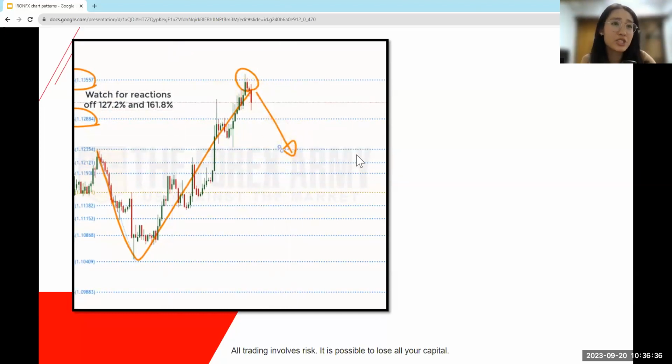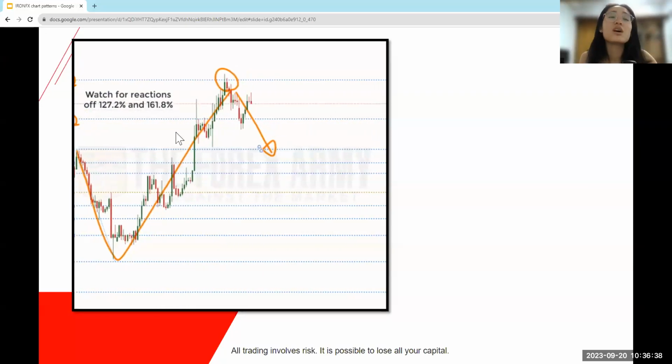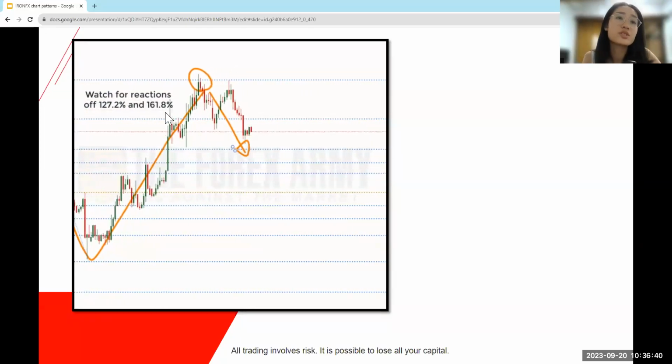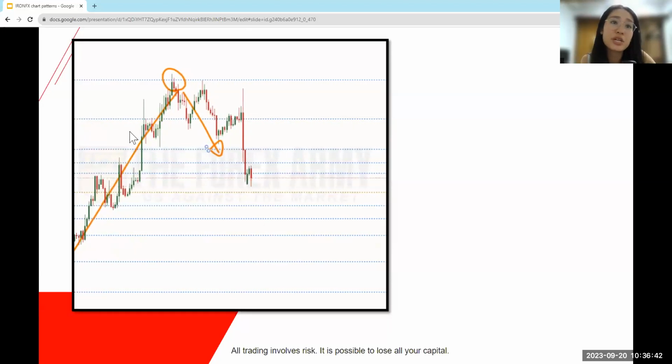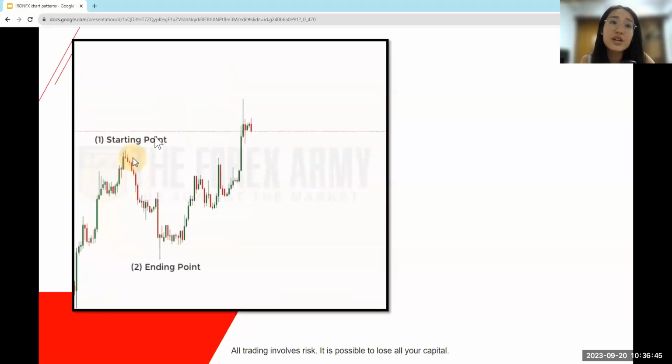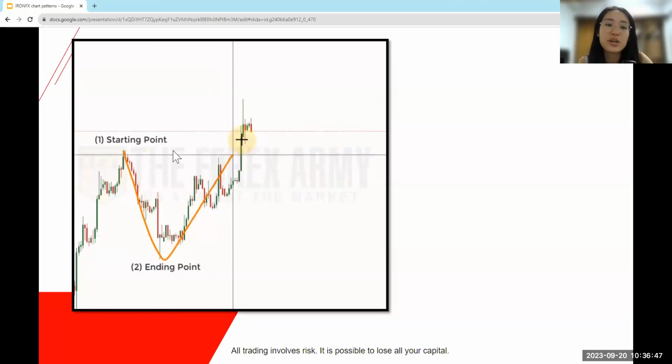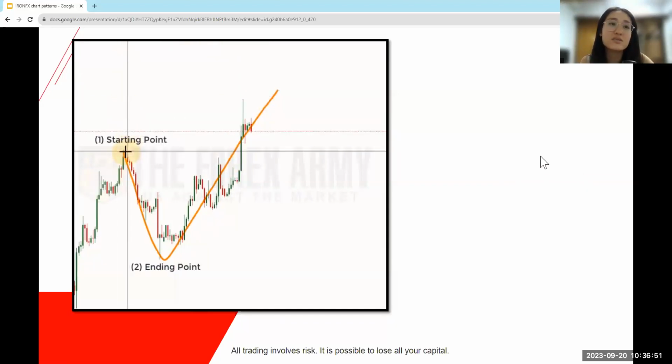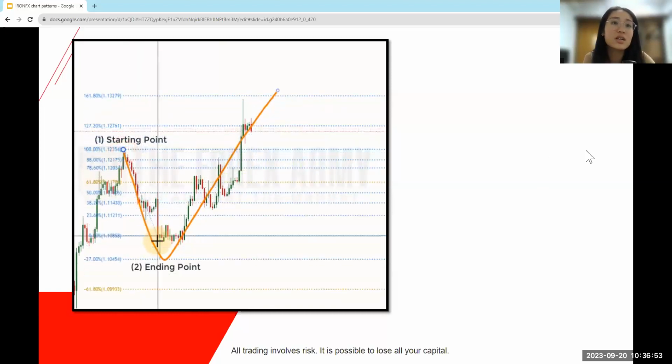Okay, so we're looking for reactions off of the 127.2 and 161.8. Once price breaks out of the 127, then you can go ahead and assume that price is going to reverse off of the 161.8. Okay?